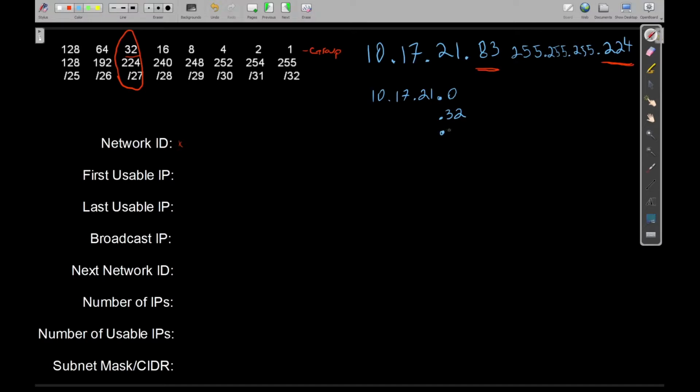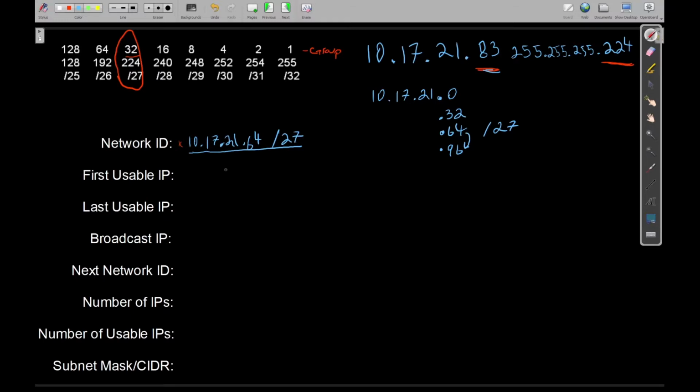And just keep adding 32, 64, 96. Now that we've passed the address that we're looking for, 83, whenever we went from 64 to 96, we know that 83 is in the .64 network. Now we know the network ID. This is the address that will identify the network.